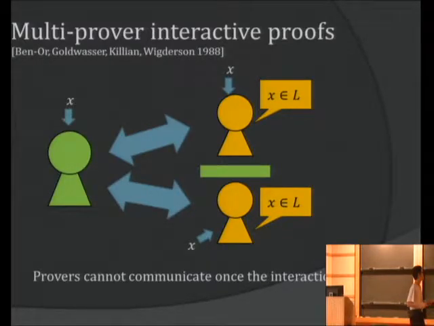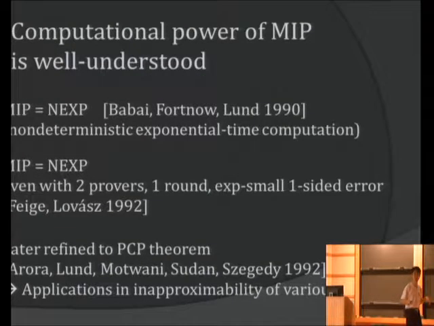So this model is trivially at least as powerful as the single prover model. And this model turned out to be actually much more powerful than polynomial space under some complexity theoretic assumption. Multi-prover interactive proof turned out to be equivalent to non-deterministic exponential time computation.